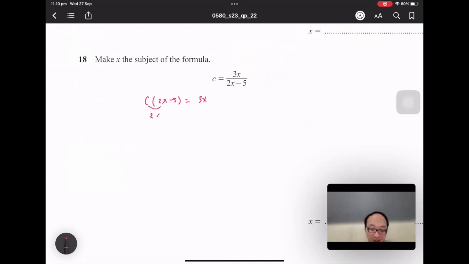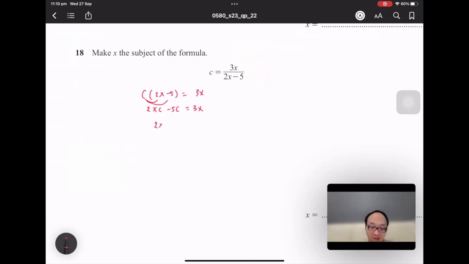This is 2XC minus 5C equals 3X. And then I collect all the X. So it's 2XC minus 3X equals 5C. Factorize the X. X(2C minus 3) equals 5C. So X equals 5C over (2C minus 3).